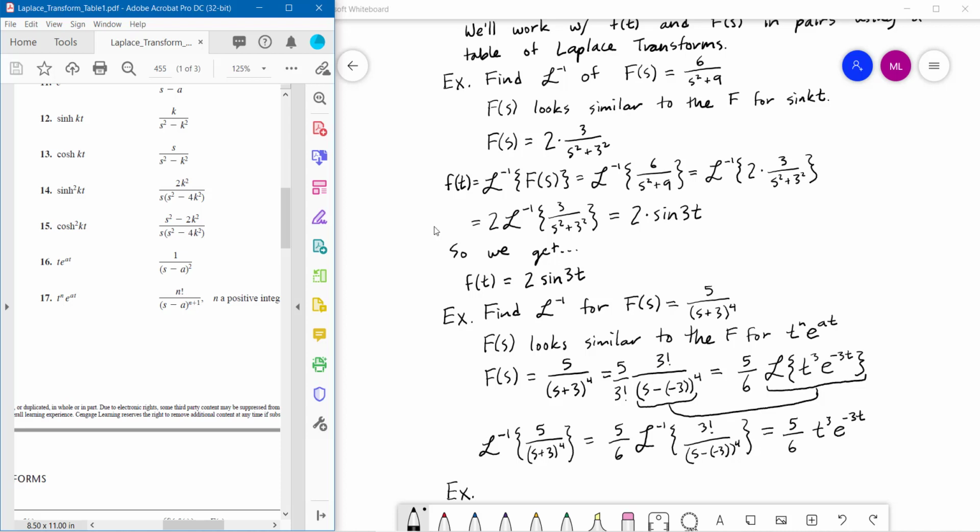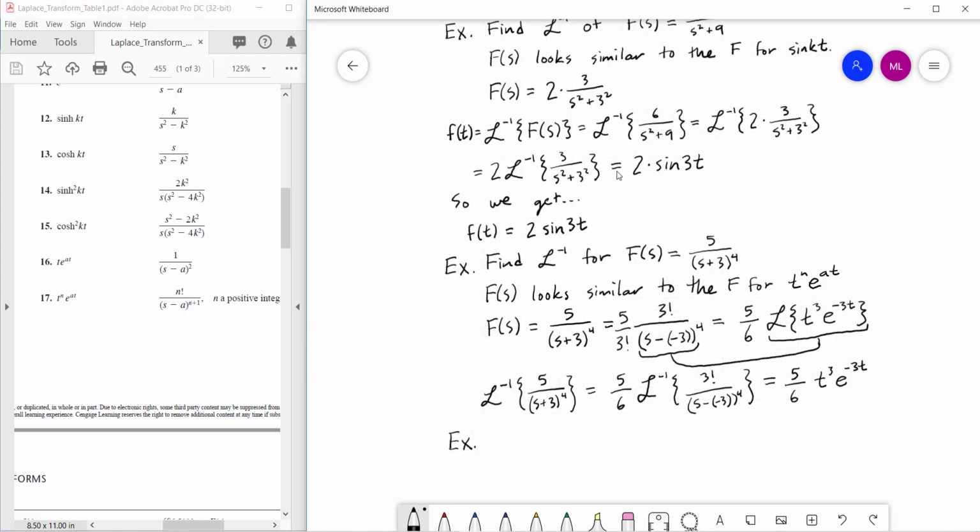You could just say, okay, we're going to force it to look like one of these and only talk about inverse Laplace transforms the whole way, and then only at the very end, when I've got it narrowed down to exactly something that appears on the right-hand side, do I then make the connection and say, oh, okay, that pairs up with something on the left-hand side. So you can pick the notation that works for you. I think this first way is probably a little bit cleaner. So I'll probably start writing out my problems in this kind of a form for some of the remaining ones.